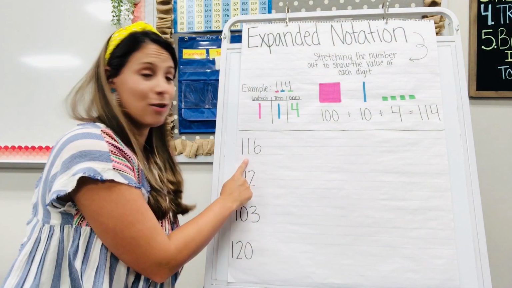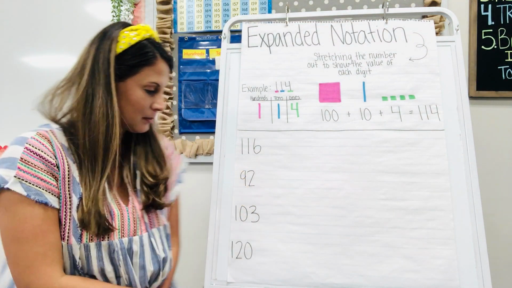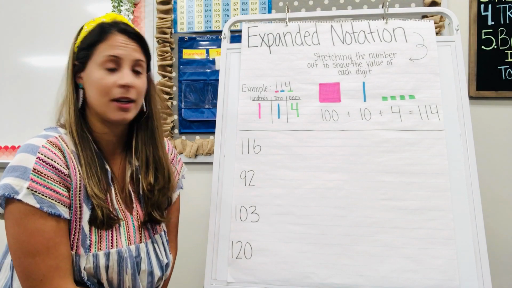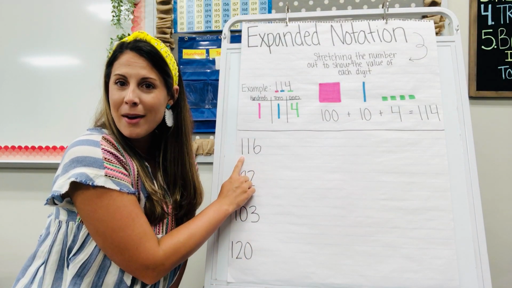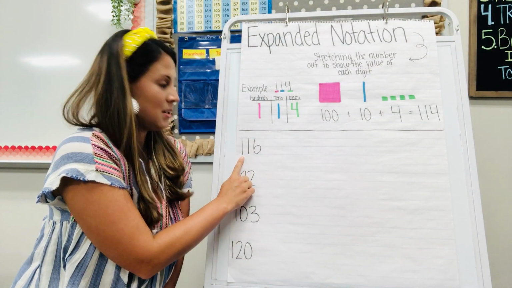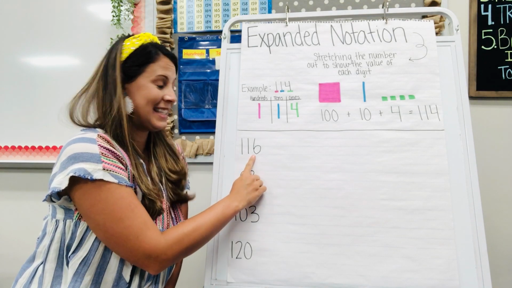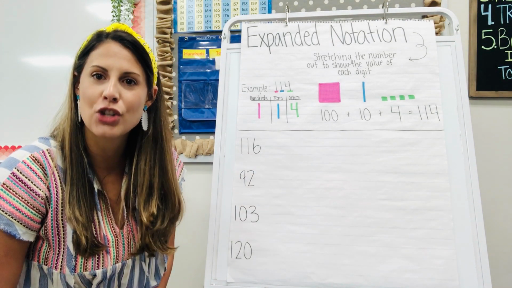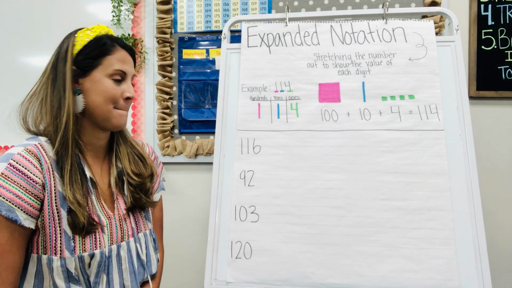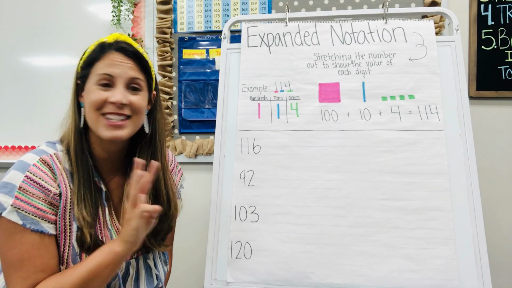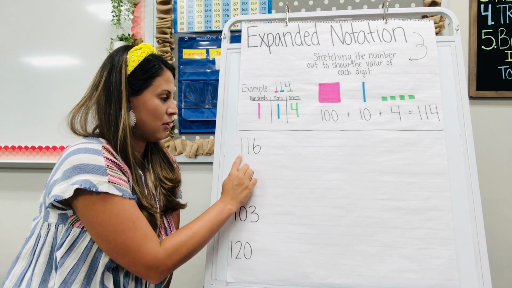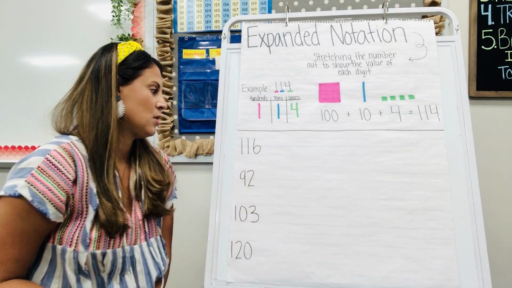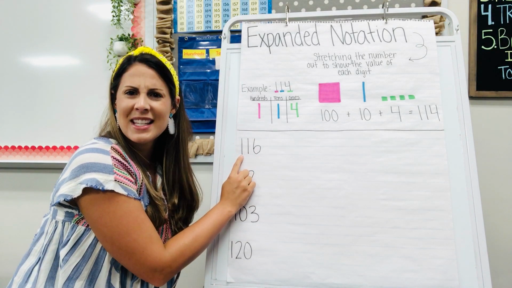We're going to jump in and do some practice. So my first number, can you say this number out loud? 116. How many digits are in 116? 3 digits. 1, 2, 3. What is this digit?